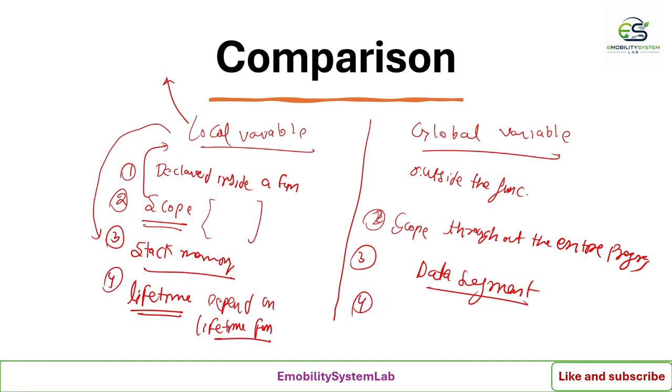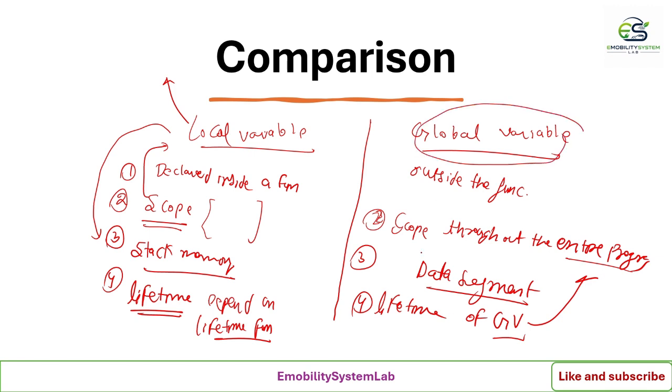And the lifetime of a global variable depends on the lifetime of the entire program. When the entire program terminates, the global variable is destroyed. So these were important differences between local and global variable. I hope you understood this.